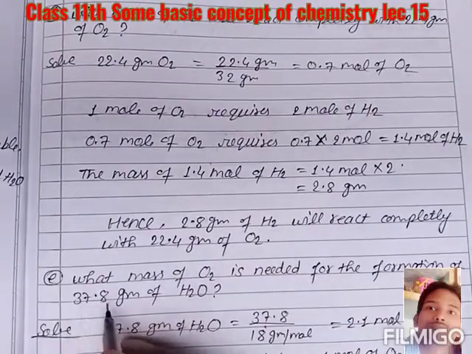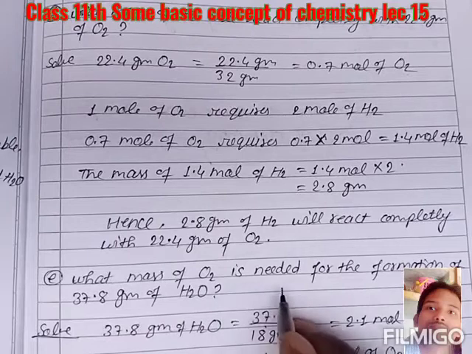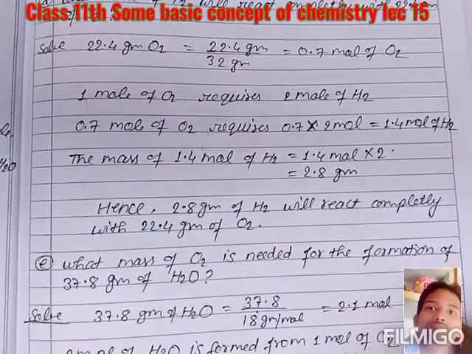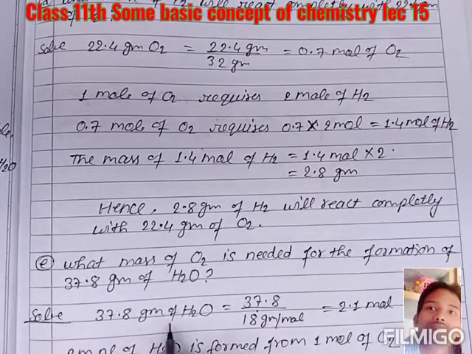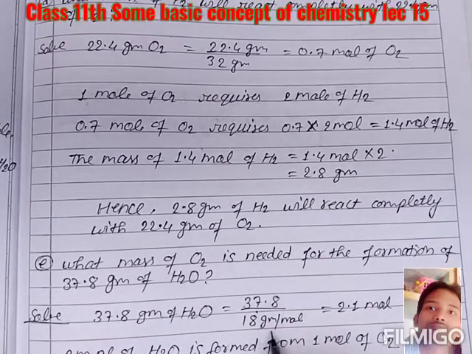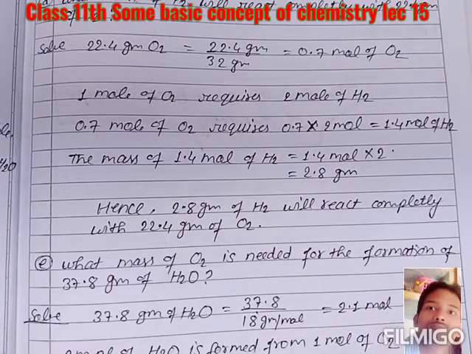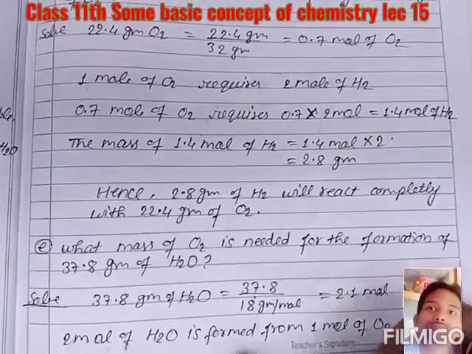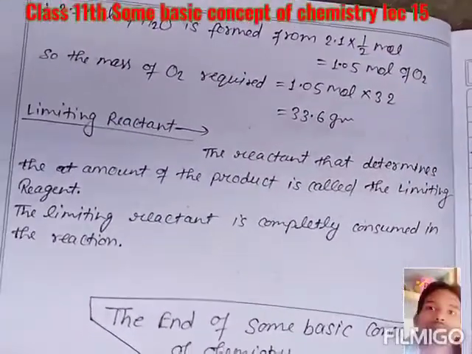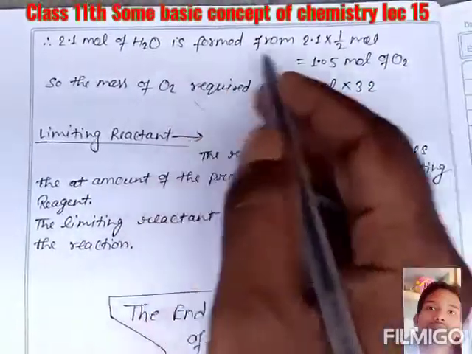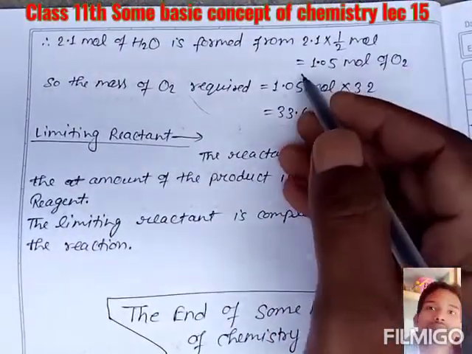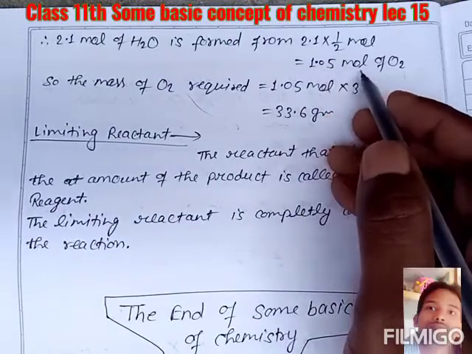Okay. Now last, what mass of oxygen is needed for the formation of 37.8 gram of water? So 37.8 gram of water is equal to 37.8 divided by 18, which is equal to 2.1 mole. 2 mole of water is formed from 1 mole of oxygen. Now 2.1 mole of water is formed from 2.1 into 1 by 2 mole, so 1.05 mole of oxygen.